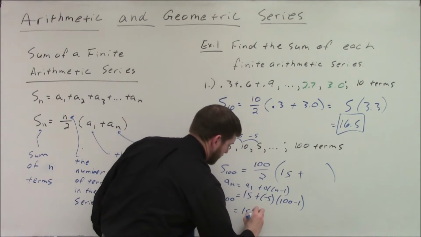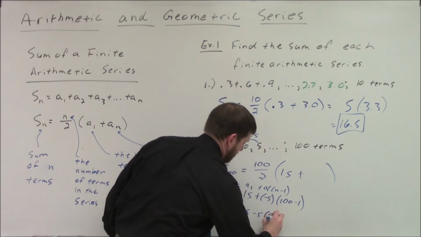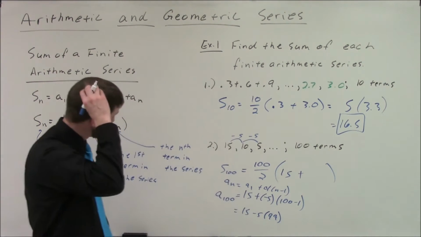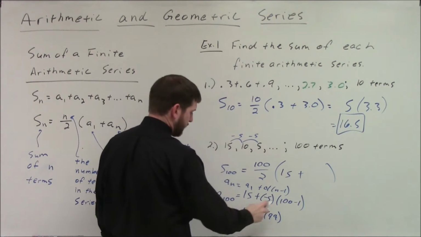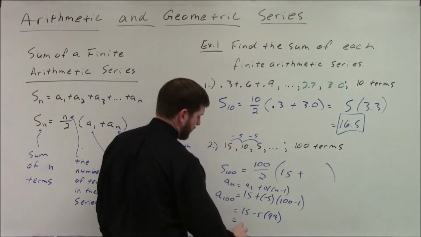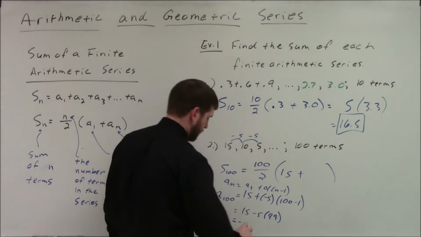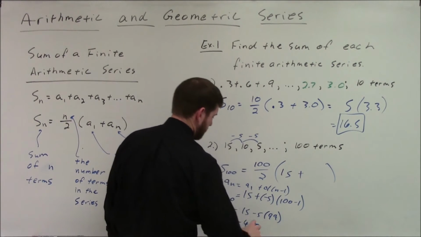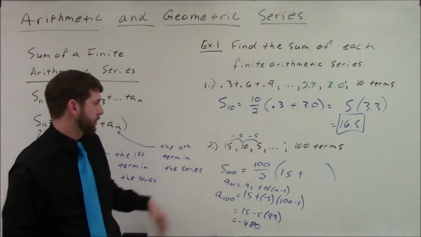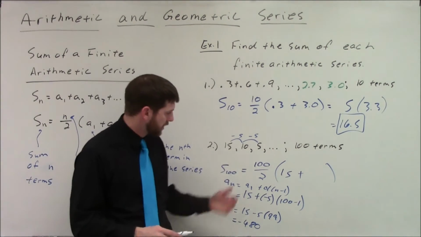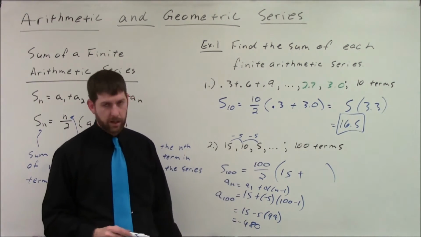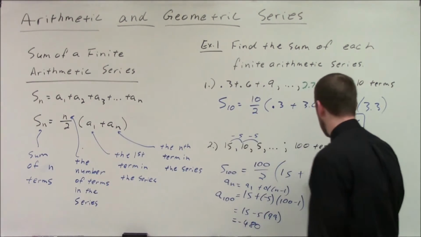So we get 15 minus 5 times 99. 5 times 99 is 495. So 15 minus 495 should be negative 480. That's our 100th term in that sequence. If we were to write this out and subtract 5 again and again, 100 times, we would get negative 480.